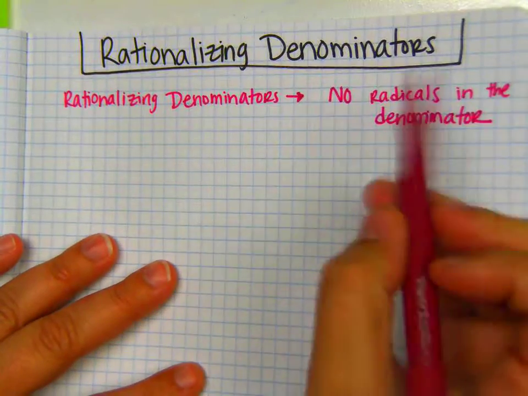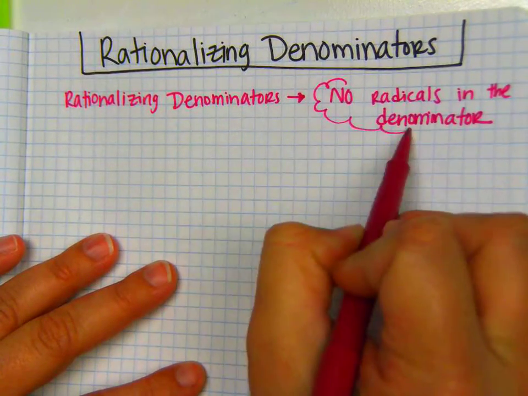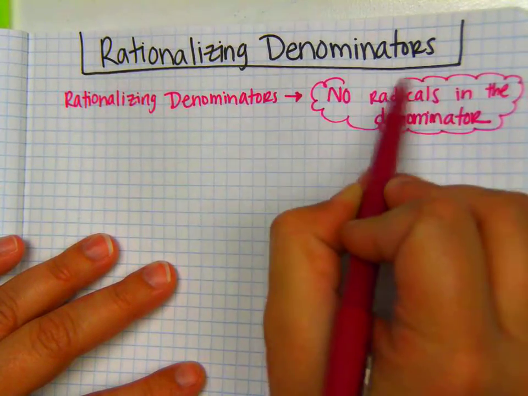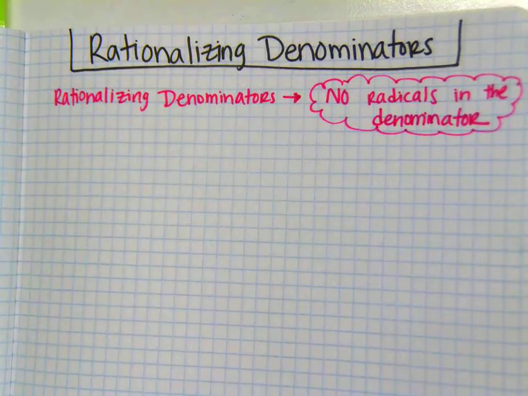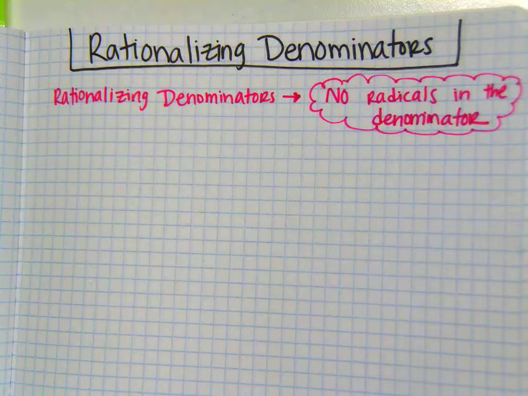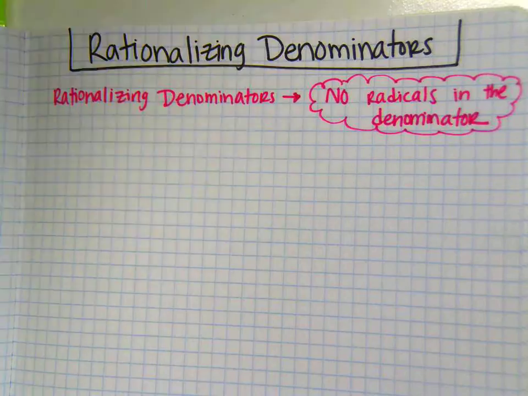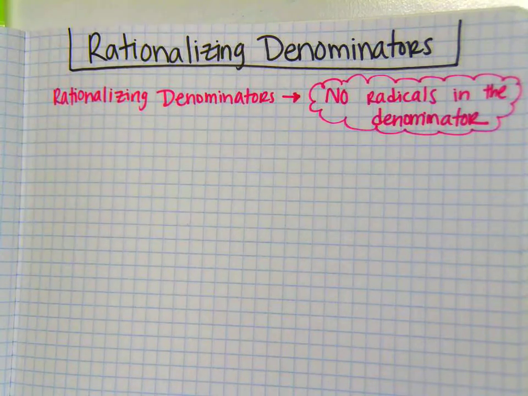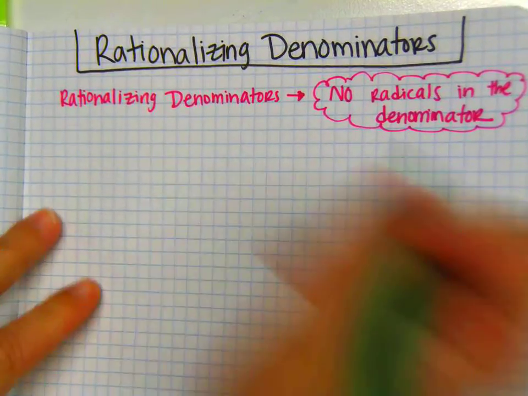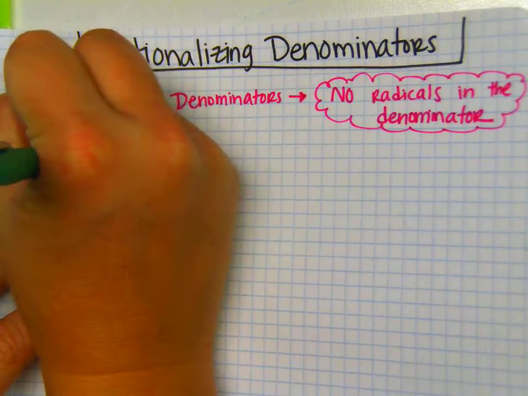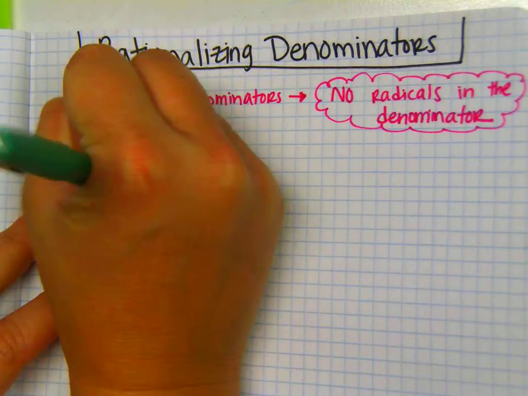That's what that means. So if there's ever a radical in the denominator, you're going to have to rationalize. So let's just start off with an example.